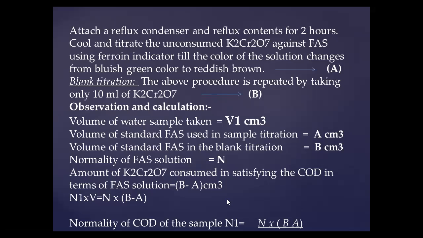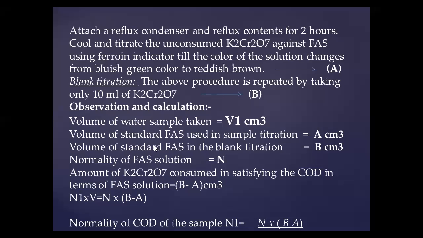We know the formula, that is N1V1 is equal to N2V2. If you know the normality and volume of one, it is possible to find the unknown factor of the other. So that's why we are going to use this one.